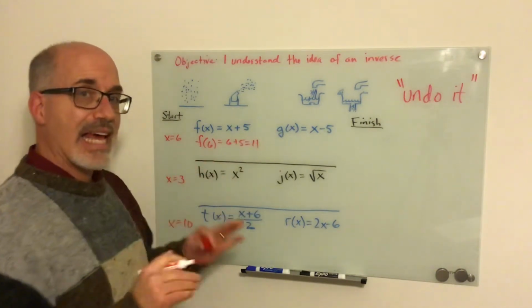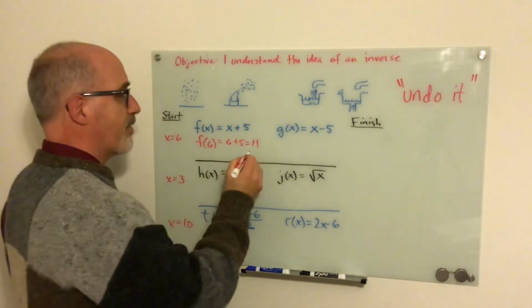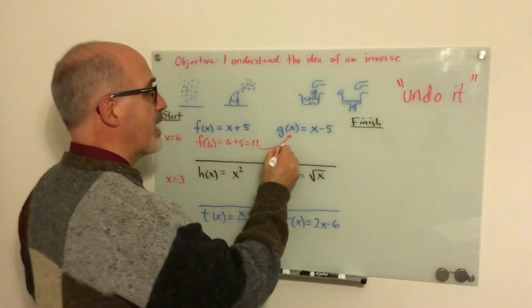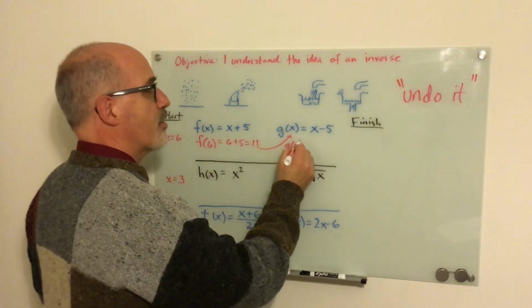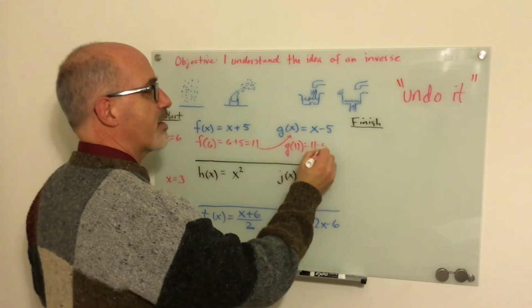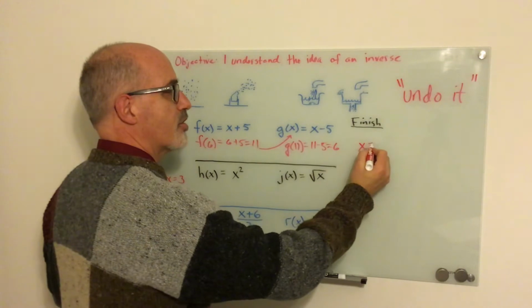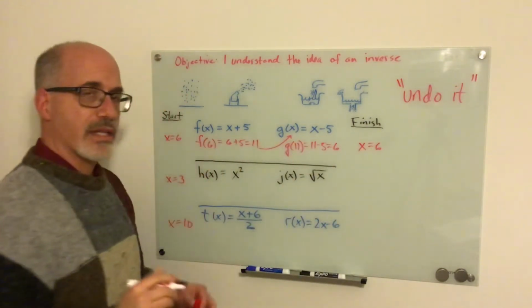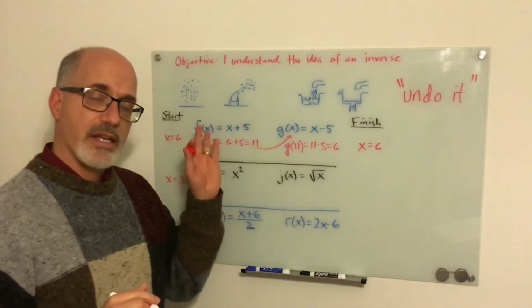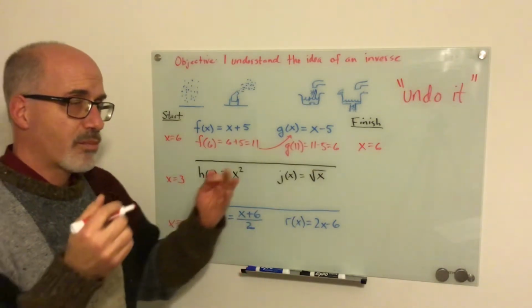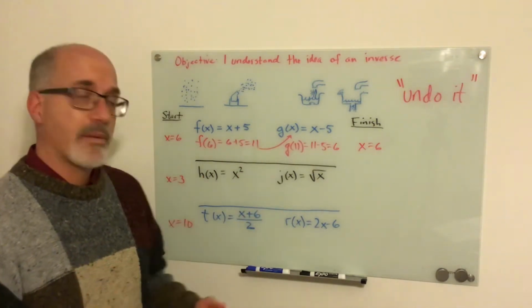I take that answer from f of 6, that 11, and put it into the other function, and take g of 11. Notice 11 minus 5 gives me my original number, and I finish with what I started with. The second function undid the first. That makes them inverses of each other. Now this isn't proving that they're inverses, it just demonstrates it.